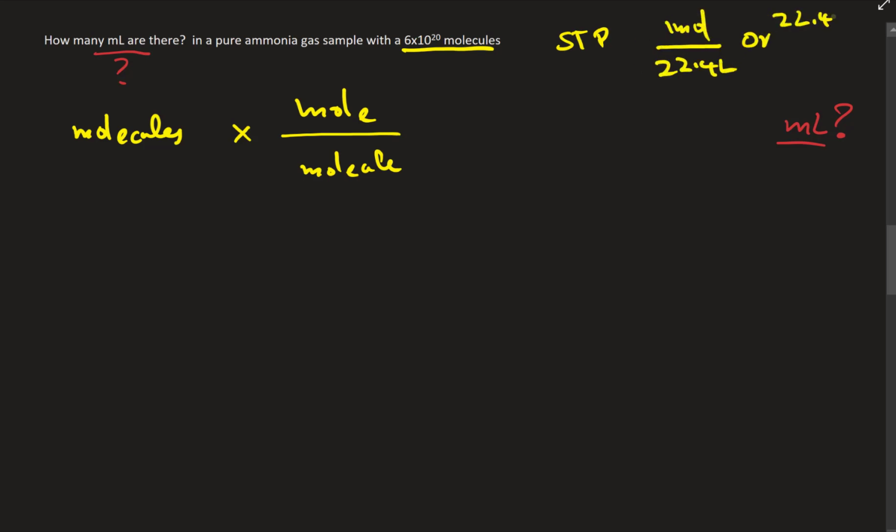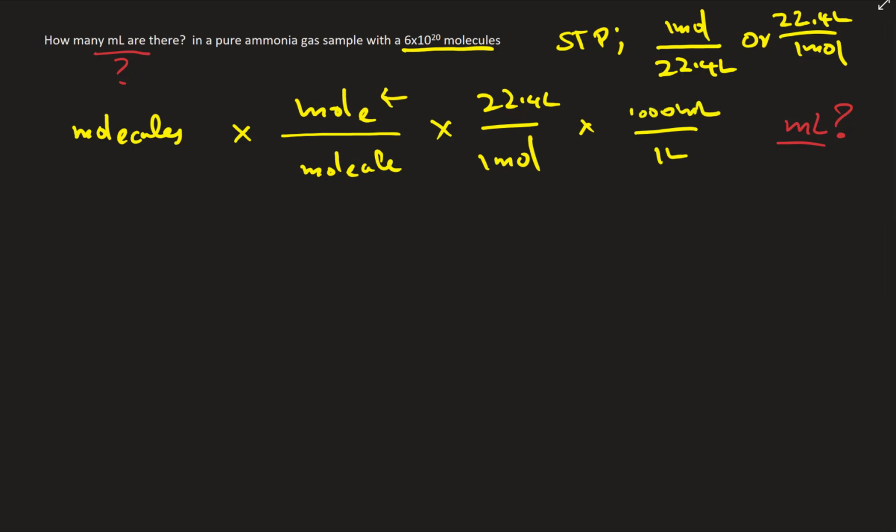One mole is 6.02 times 10 to the 23 molecules, right? We may need STP: one mole is 22.4 liters. That could be in two forms, we will see. Now we know moles is on the top here, so we need 22.4 liters divided by 1 mole. And then liter to milliliter, we need to put it in the suitable way.